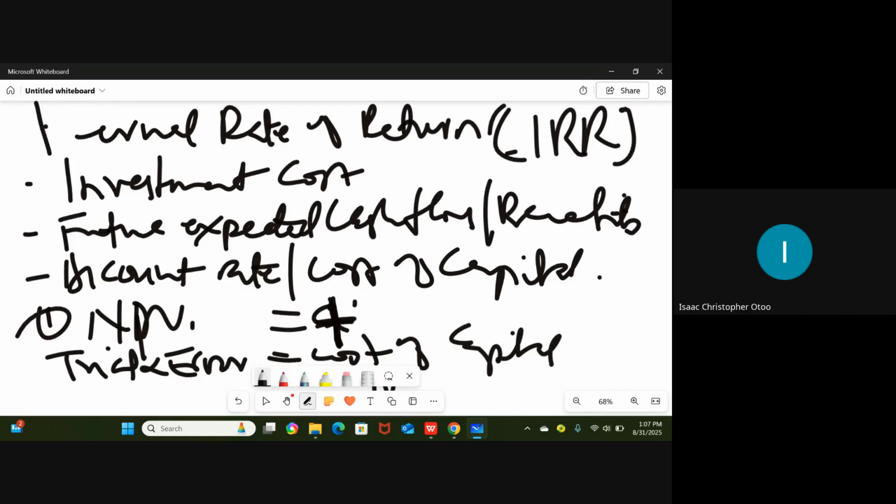Because the first cost of capital they gave you gave a positive NPV, you must increase your cost of capital from the initial one. For example, if they give you 20% and you get positive, your next NPV should come out negative. So to get negative, increase the cost of capital given to you. If you get negative, decrease the cost of capital given to you.